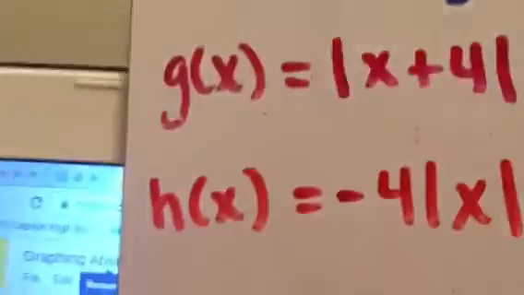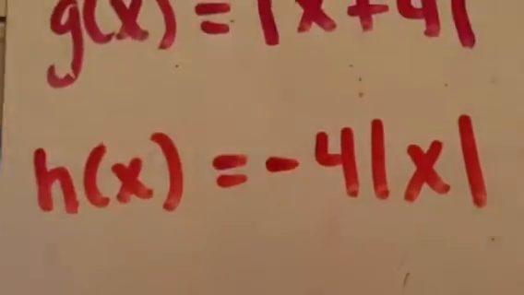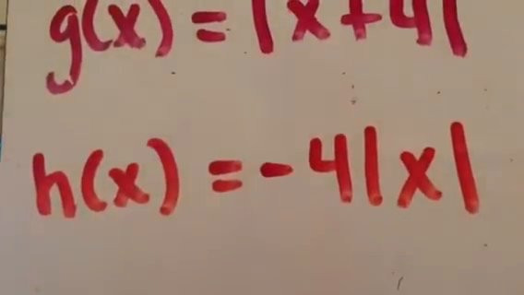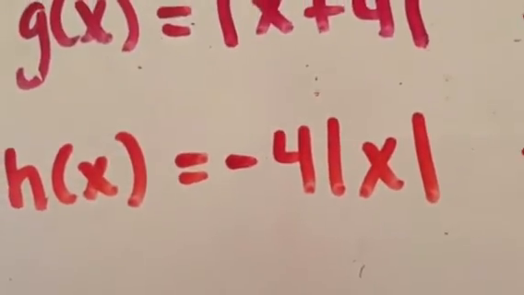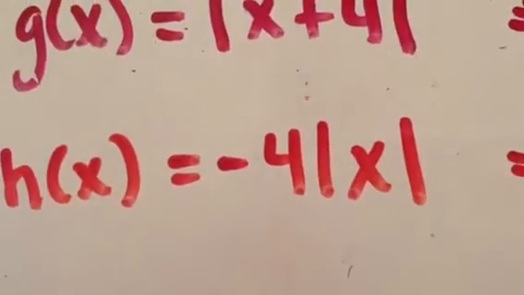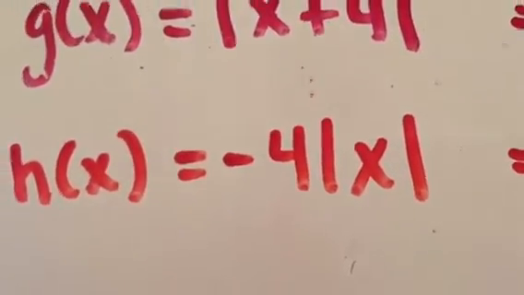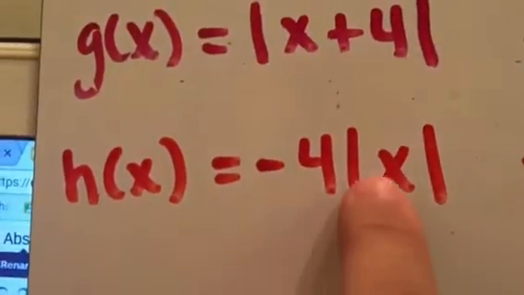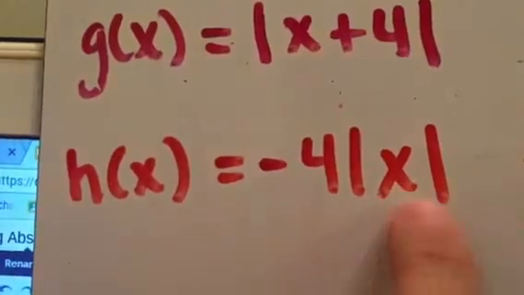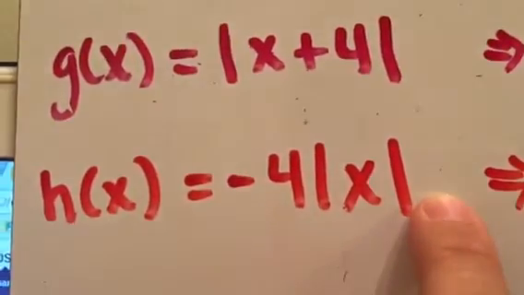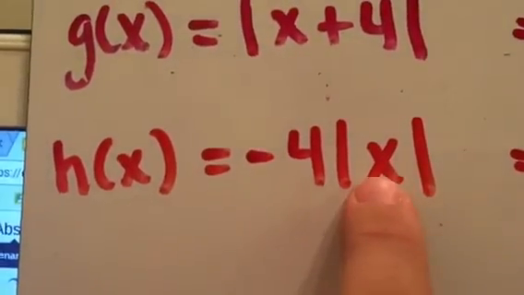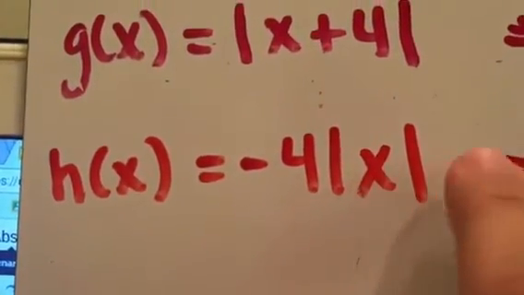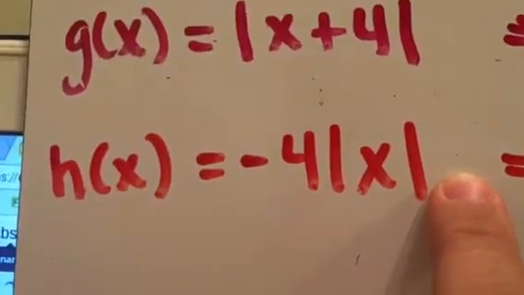One of our last problems to go over is h of x equals -4 times the absolute value of x. Notice this time I don't have anything in the absolute value, nor do I have anything on the outside. Nothing inside besides an x, and nothing outside. So this time I have both zeros: x plus 0 in the absolute value, and then plus 0 out here if I want to look at it that way.